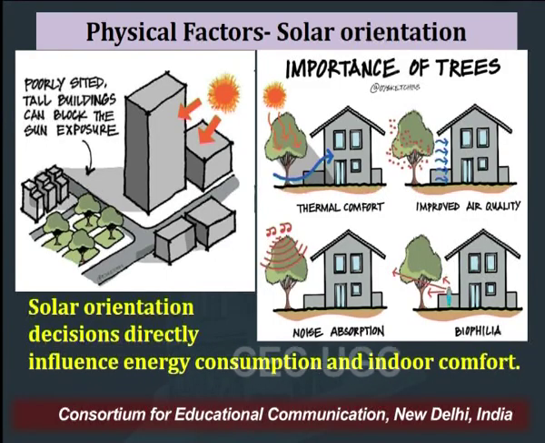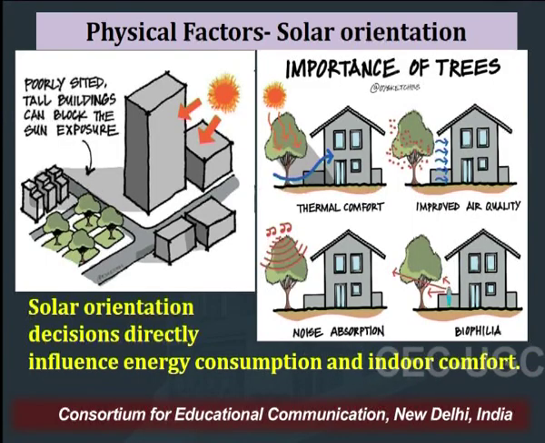A very simple strategy is to put deciduous trees, which lose their leaves during the winter and have full foliage during the summer. So, what will happen during the summers? The leaves of the trees will act as a barrier and will not allow the harsh sun to enter the building, and during winters the leaves will fall out and allow the sun to enter the building.